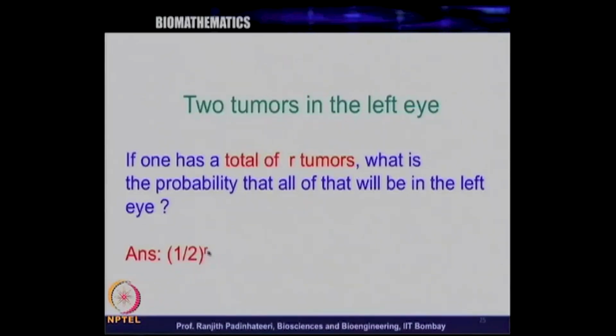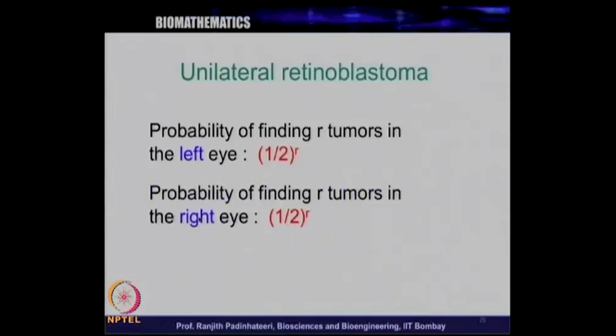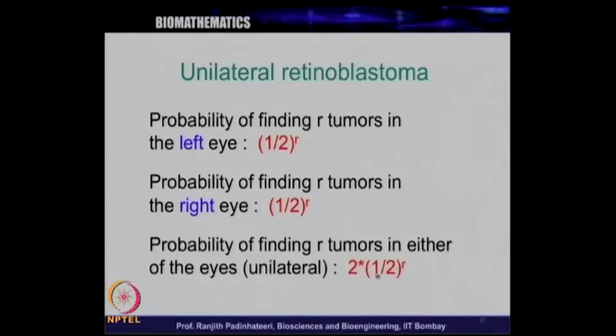In unilateral retinoblastoma, the probability of finding R tumors in the left eye is half power R, and in the right eye is also half power R. So, the total, either in the left eye or in the right eye, is 2 into half power R.